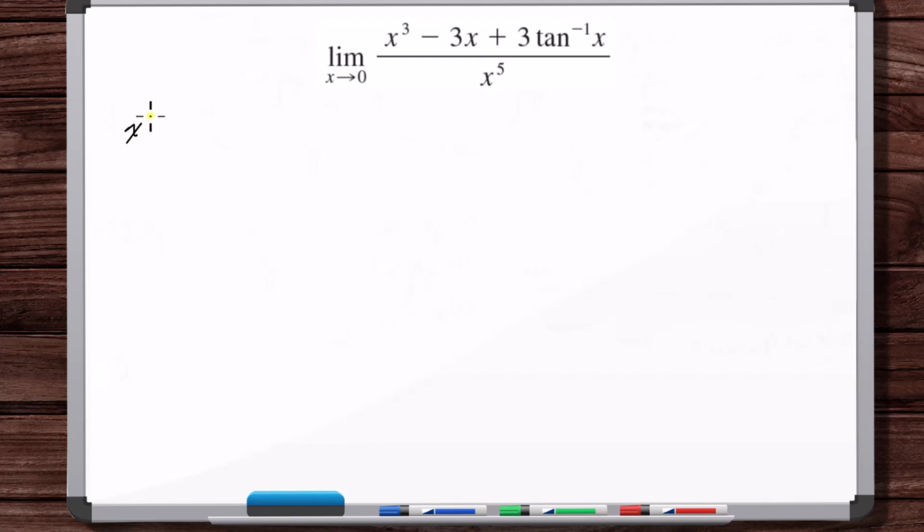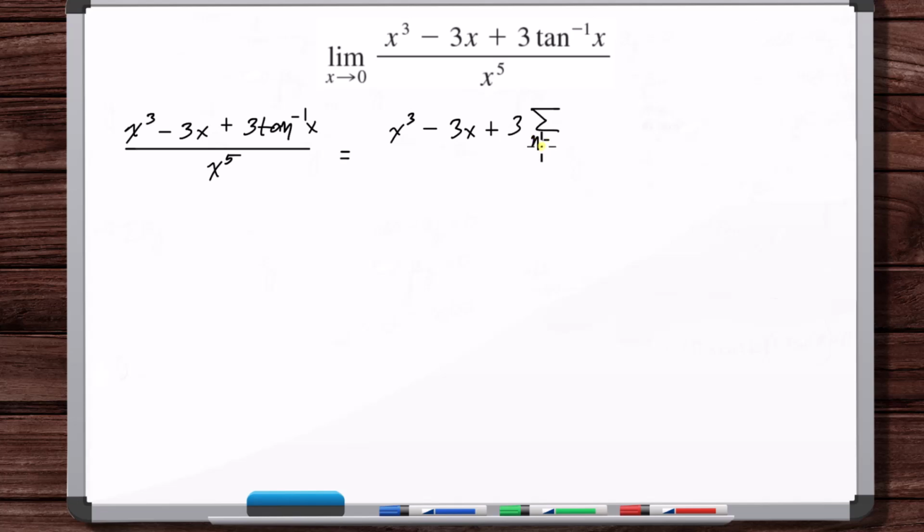So we've got x cubed minus 3x plus 3 arc tangent of x, over x to the 5th, which is x cubed minus 3x plus 3 times the sum of minus 1 to the n, x to the 2n plus 1 over 2n plus 1, all over x to the 5th.